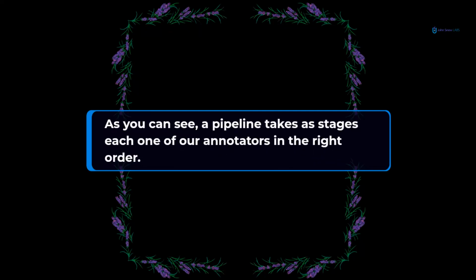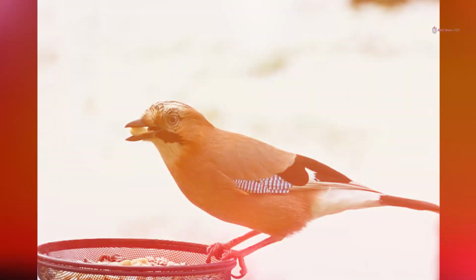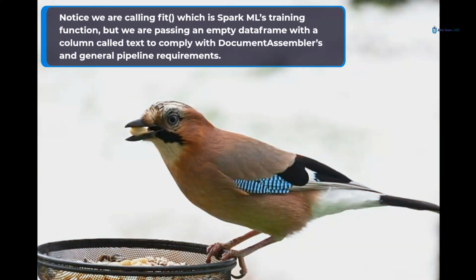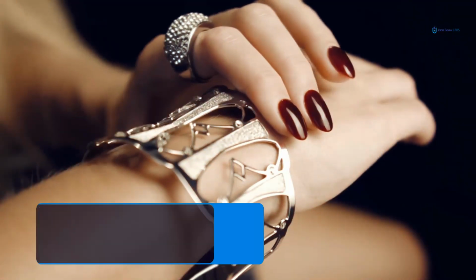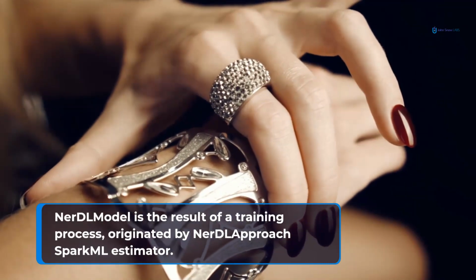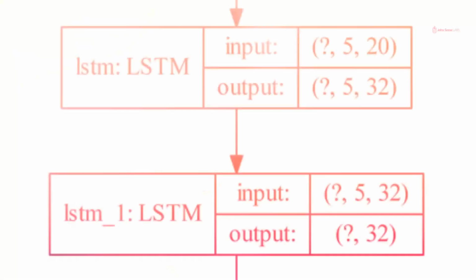As you can see, a pipeline takes as stages each one of our annotators in the right order. Notice we are calling fit, which is Spark ML's training function, but we are passing an empty data frame with a column called text to comply with document assemblers and general pipeline requirements. NER model is the result of a training process, originated by NER approach Spark ML estimator.